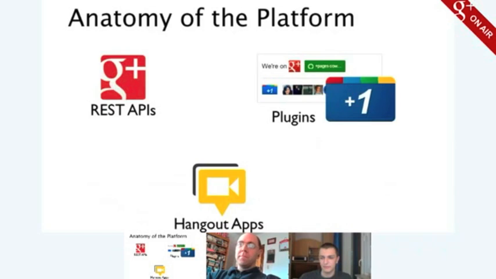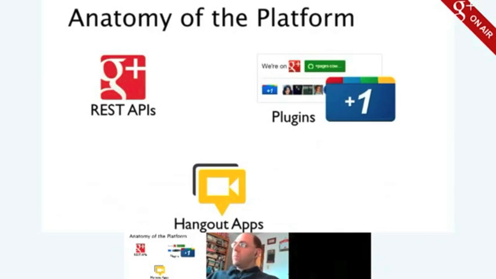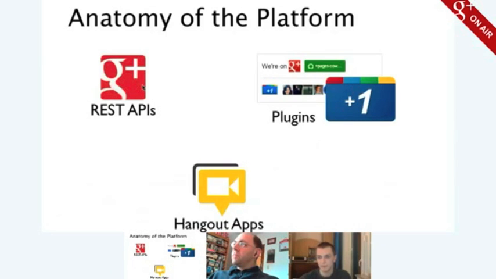The Google+ Platform has a few major components to it that are largely independent but can work together in many cases. So there's the REST APIs, which are the way you access data that is on Google+. So if you're writing another application, you want to read data from Google+, this is how you do it.